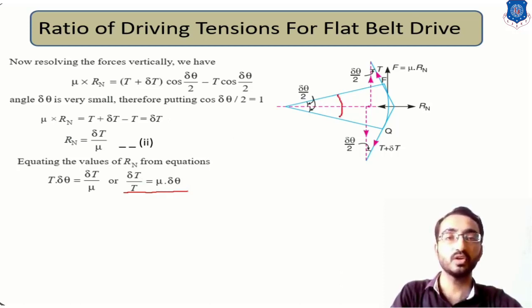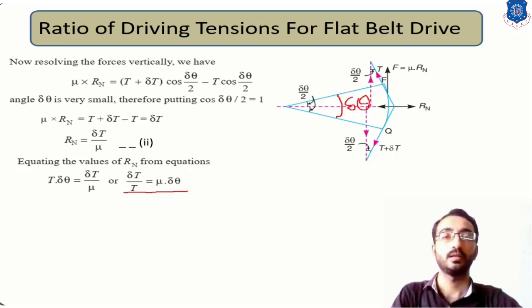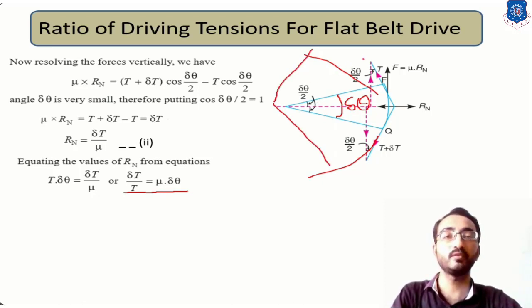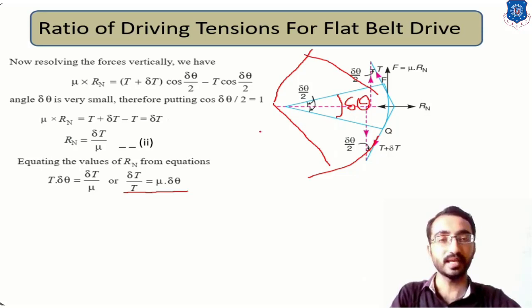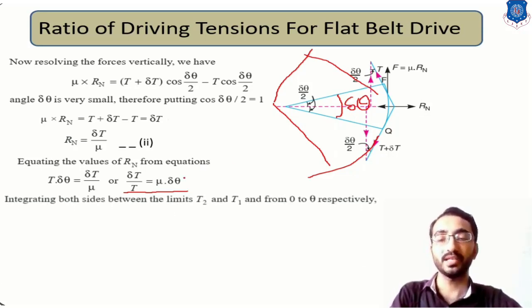Now this equation is useful for a small angle, that is only for delta theta. If you consider the whole arrangement, the total thing, then you have to integrate this equation. If you consider the total angle of the belt which is in contact with the pulley, then for that whole equation you have to take integration on both sides. The belt tension varies from T1 to T2, and the angle varies from 0 to theta.